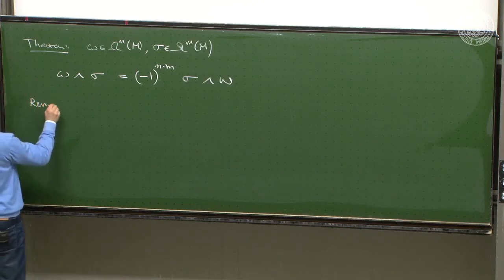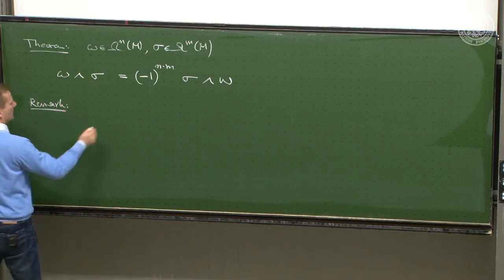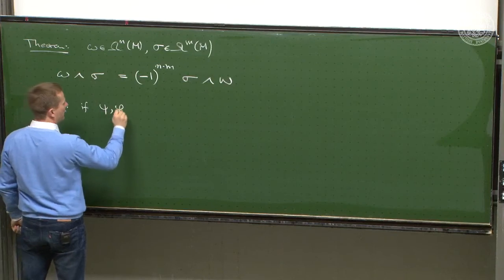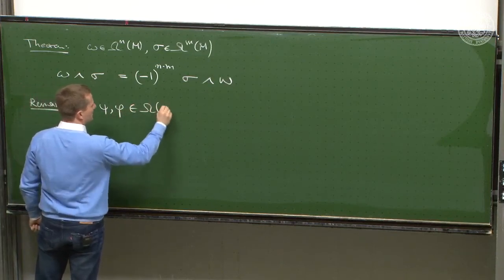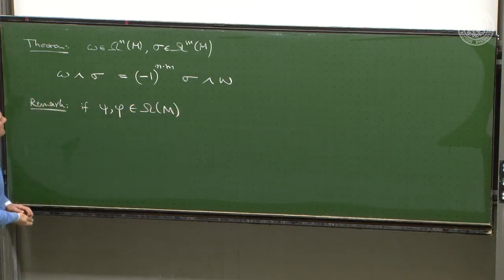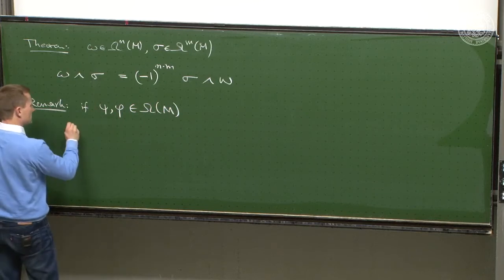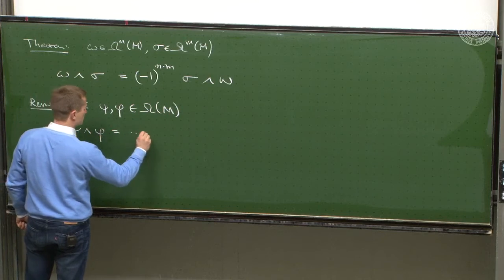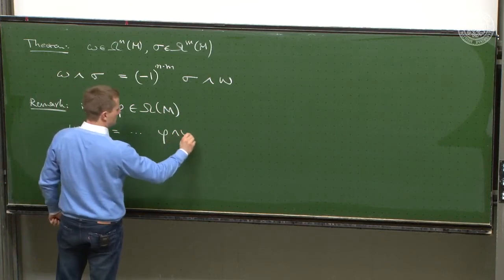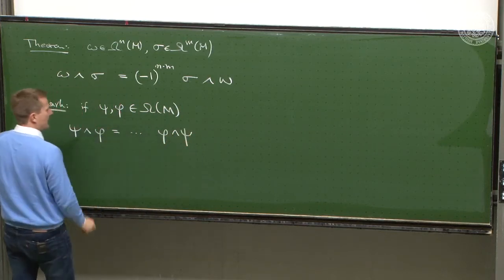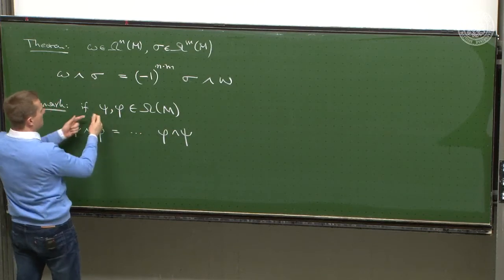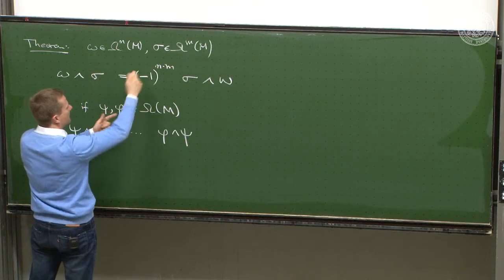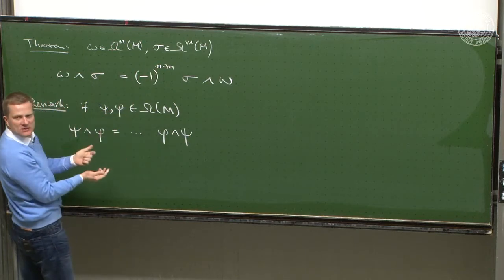And if you have more general elements of a Grassmann algebra, remark: if psi and phi are elements of the Grassmann algebra, then obviously you cannot simply say psi wedge phi is something phi wedge psi, because different parts of the psi, which is an n-form and n plus 1 form and so on, and of the phi, will have different commutation behavior.